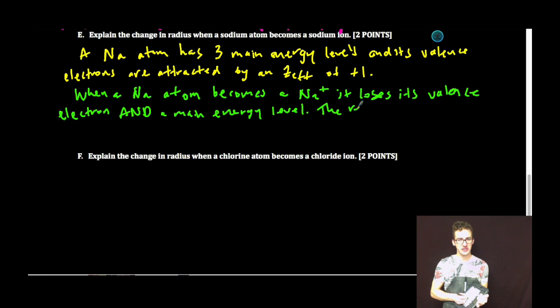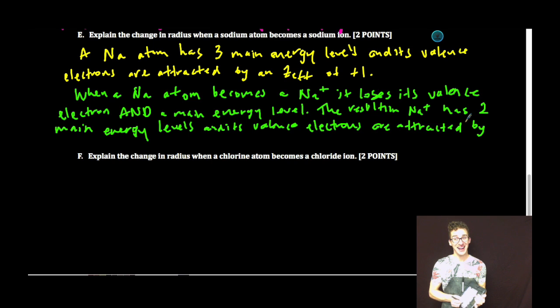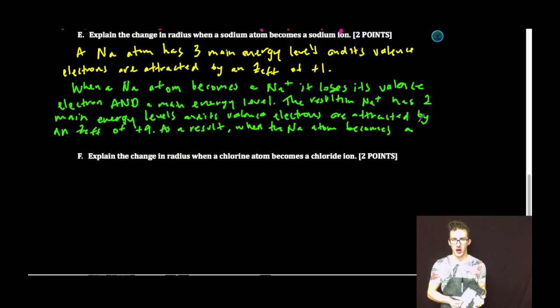The resulting sodium ion has two main energy levels, and its valence electrons are attracted by an effective nuclear charge of +9. Attractive. As a result, when the sodium atom becomes a sodium ion, the radius decreases.